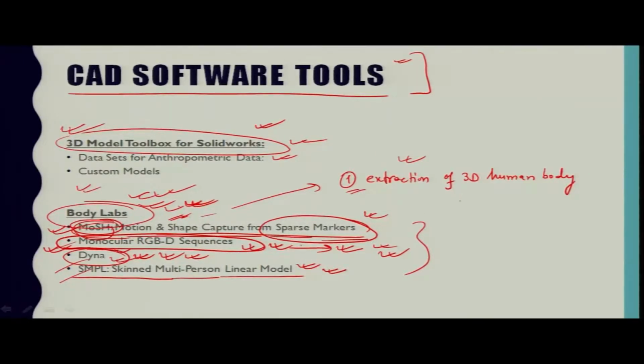These can be listed here, like FAUST, a data set and evaluation for 3D mesh registration, and FlowCap, a 2D human pose from optical flow, and many other methods like informed sampler and OpenDR. These are the methods which can be used for human modeling and other related analysis.